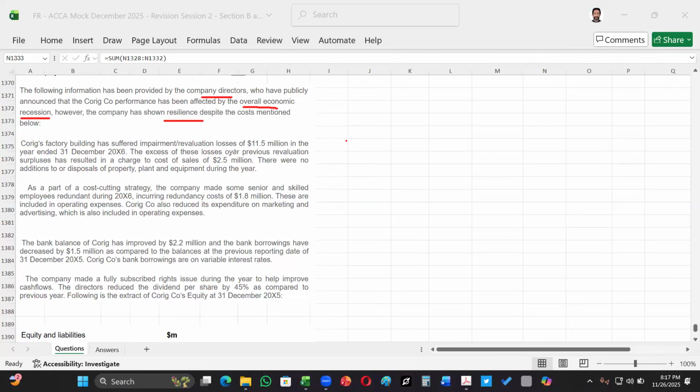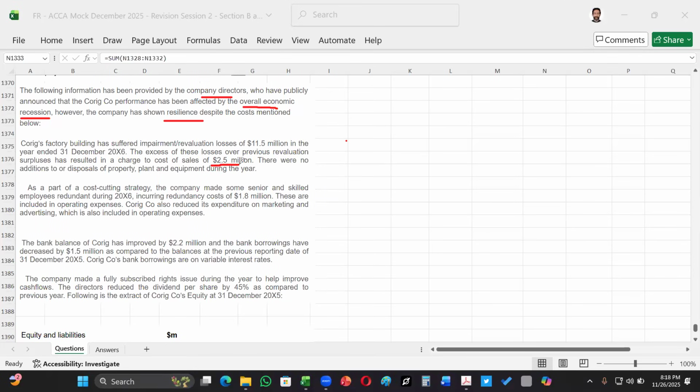The excess of these losses over previous revaluation surpluses has resulted in a charge to cost of sales of 2.5 million. Okay, so we saw that the cost of sales figure has come down, but it hasn't come down in the same proportion as the revenue has come down. The sales have reduced by a greater proportion, but the cost has not. And I believe this is the reason.